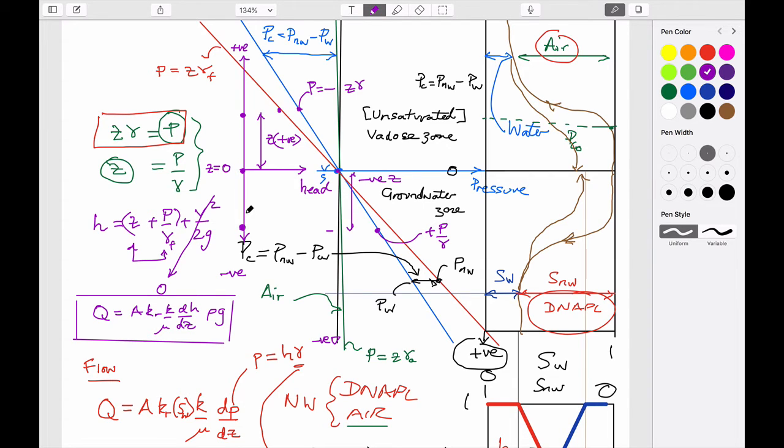It's 0, right? It's the same here as it is here. It's aligned parallel to the z-axis. So this term, in this particular case, has to be 0. And so you'd expect the flow to be 0 as well. So it gives us exactly what we expect it to be.